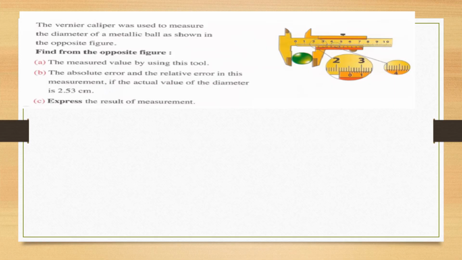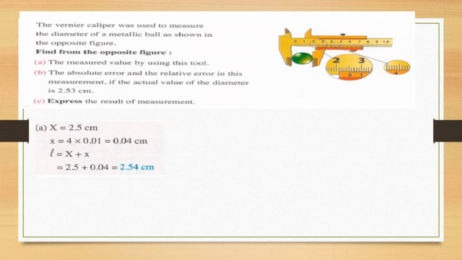We can answer now. A, you can take the reading from this tool. You can see the reading from 0 to 0 equals 2.5 centimeters, and then you can see what is the best alignment between the upper scale and the lower scale. In this case it is 4, and the least reading for each line is 0.01.